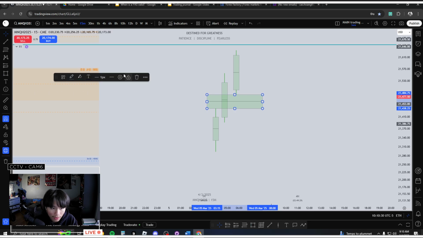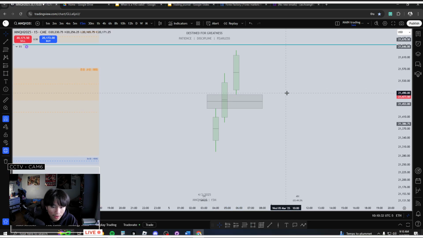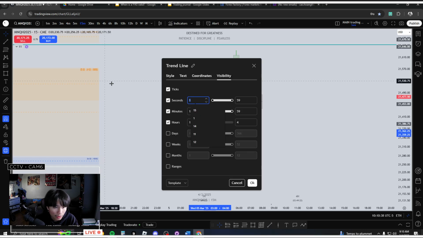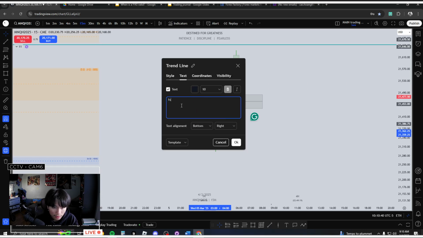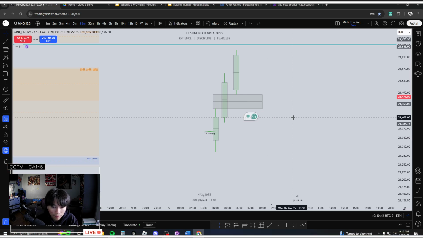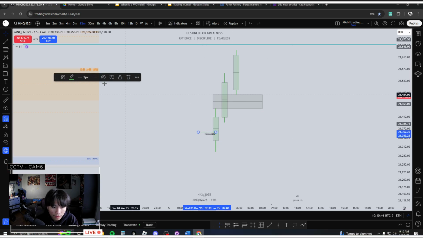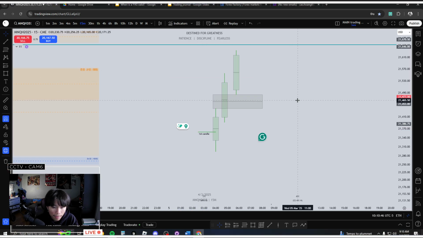It's a gap in price between the first candle, let me denote this as first candle, and this is the third candle.